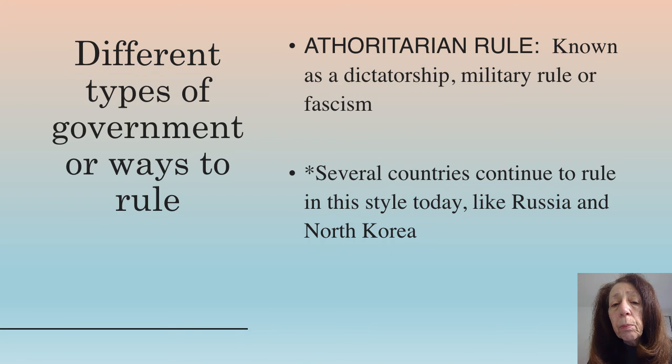It's a dictatorship, and it still exists today. It can also be called a military rule or fascism. These are still done in Russia and North Korea, as a few examples.